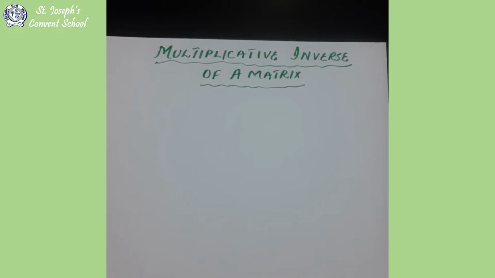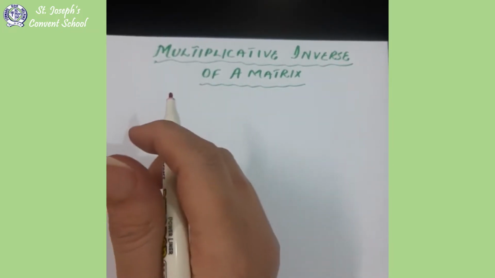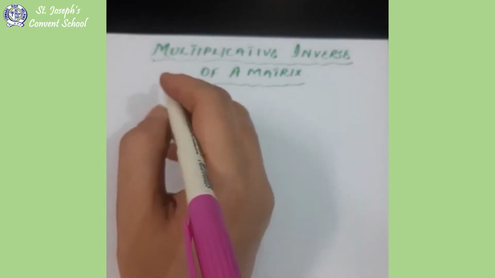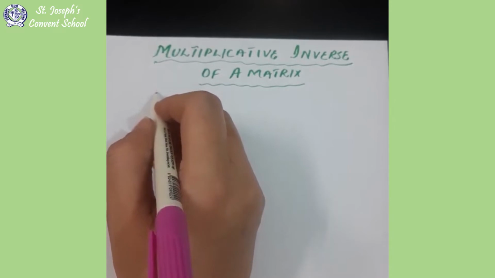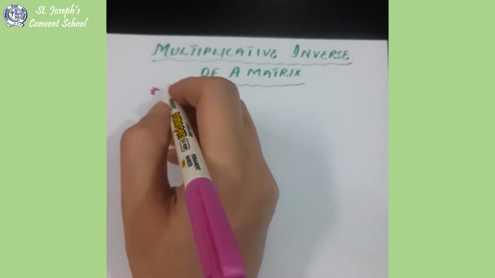Now these steps you have to follow. Suppose matrix A is given. You can find the multiplicative inverse of matrix A if it is a non-singular matrix. Non-singular means the answer is not equal to 0.